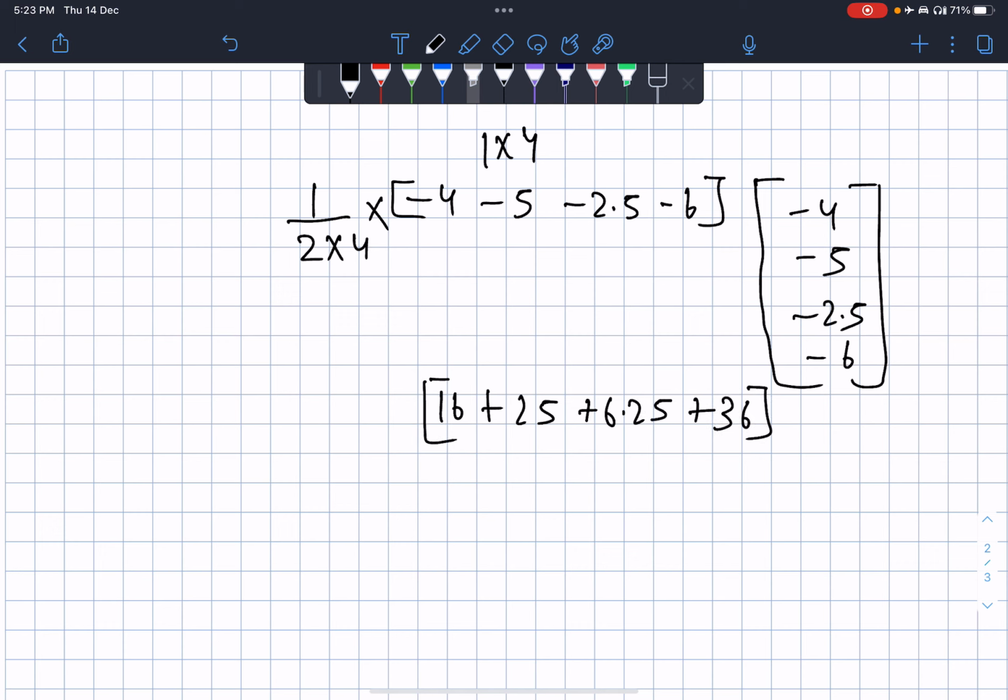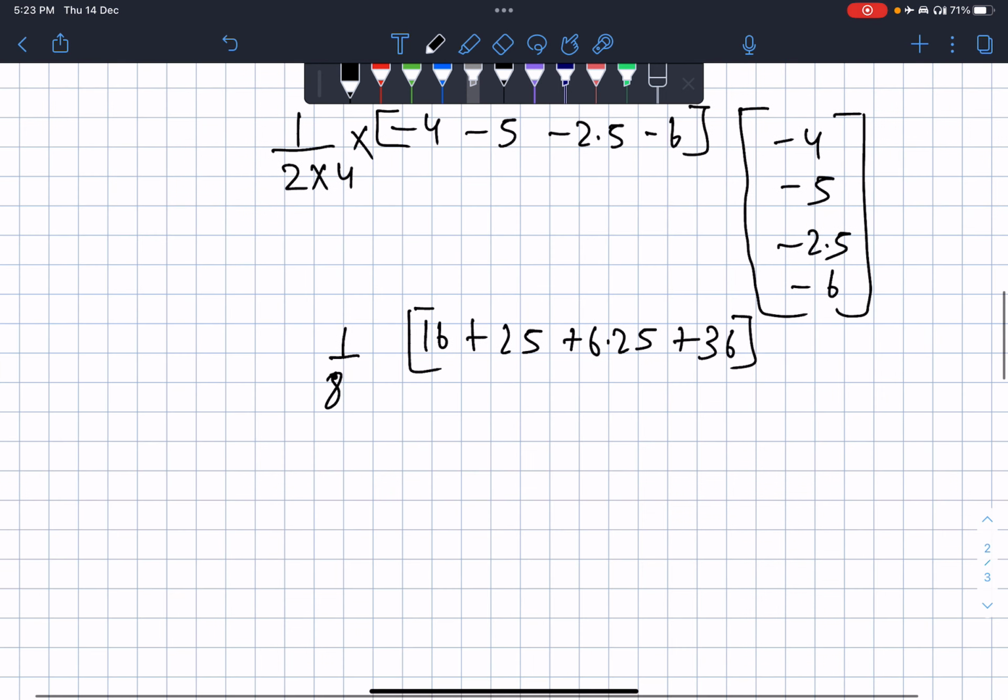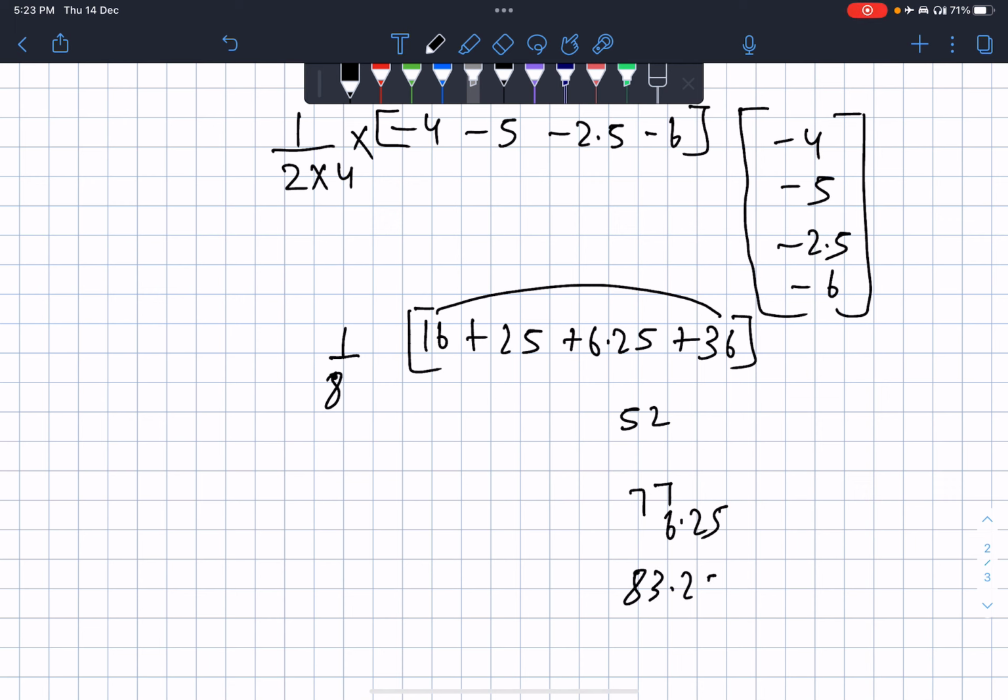Adding it, we get 52 plus 25, which is around 77, and 77 plus 6.25 is 83.25.